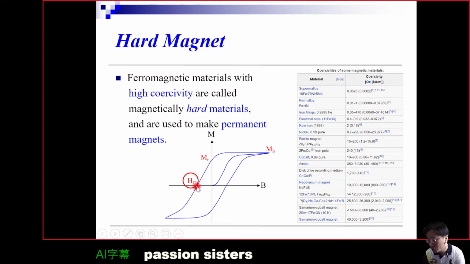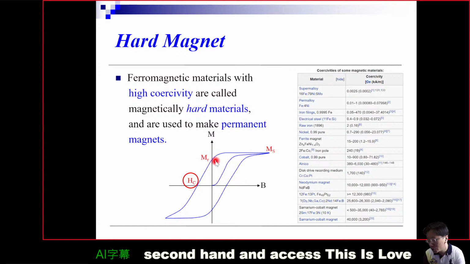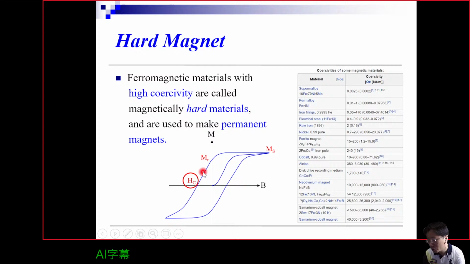This point is where the curve intercepts the axis, and we call it HC, the coercivity of this material. So you can imagine that the remanence means the magnetization with which we can store magnetic energy here, and the coercivity is how much the material can resist demagnetization.